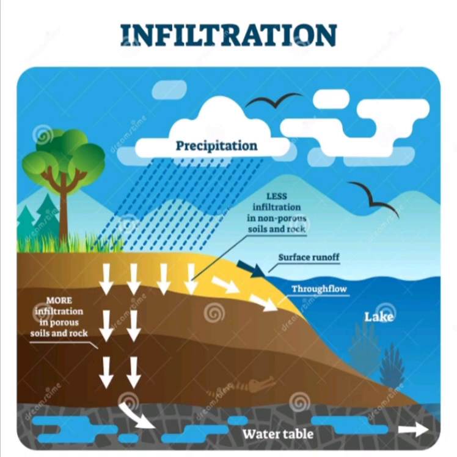So for this concept we seek the help of Horton's equation. Horton's equation is used to express the decay of infiltration capacity with time. Horton's curve is a very important curve, a graphical representation for this purpose.